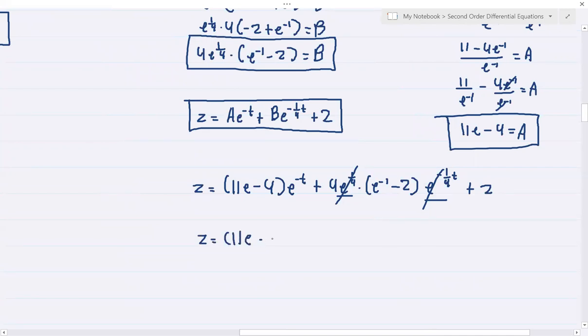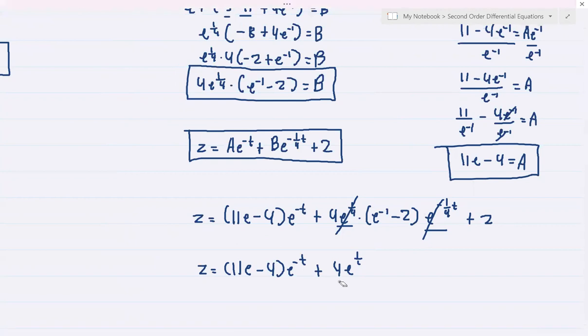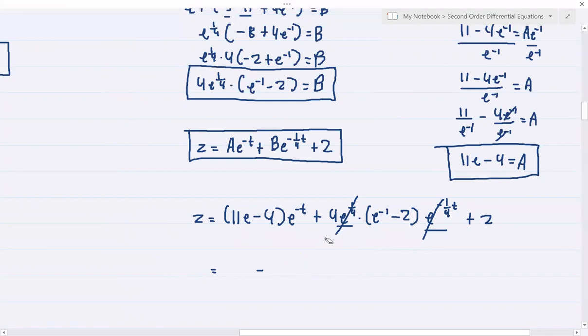So let me copy this one. 11e minus 4 times e raised to negative t, plus 4 times e raised to, no, never mind. I'm actually wrong, guys. You cannot cancel this out.